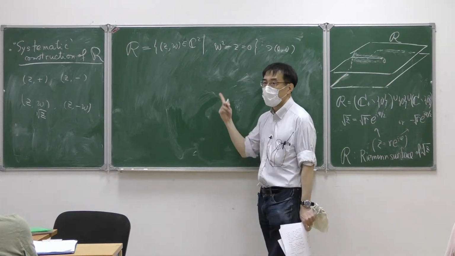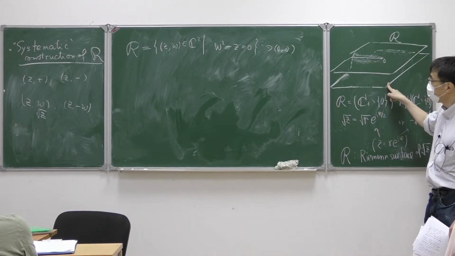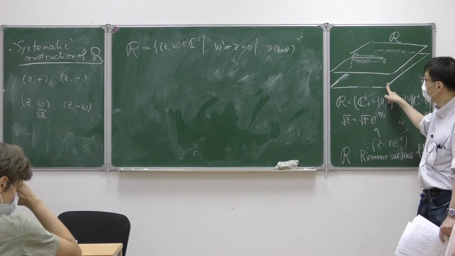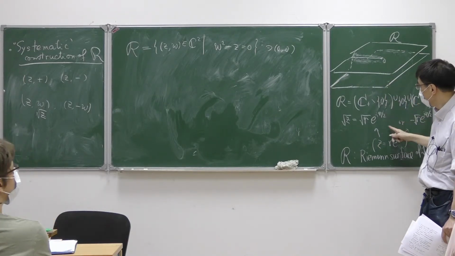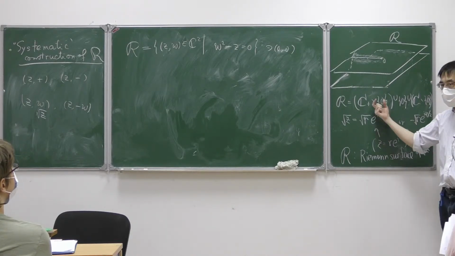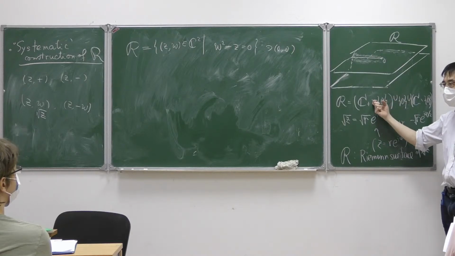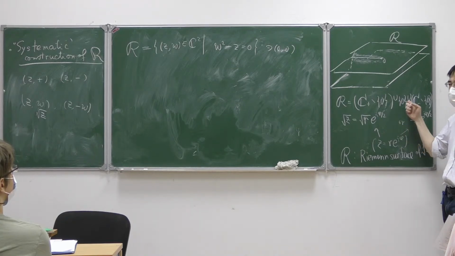And you can introduce topology on this set by gluing topologies on this space and on this space and suitably defining a neighborhood of 0.